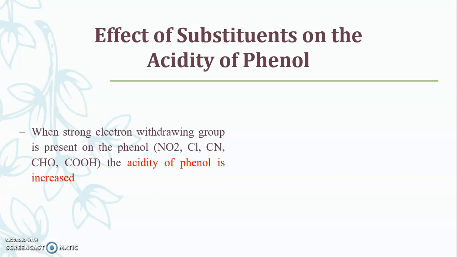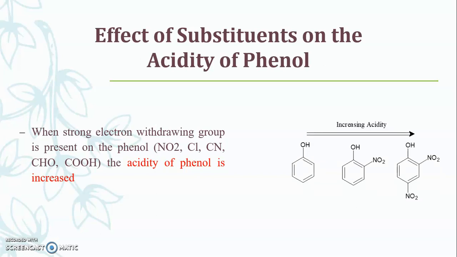When a strong electron withdrawing group is present on the phenol, for example a nitro group, chloro group, cyano group, aldehydic functional group or carboxylic acid group, the acidity of phenol is increased. You can see in this example, if we compare the acidity of these three products: one is phenol, and this is a monosubstituted compound, the nitrophenol.